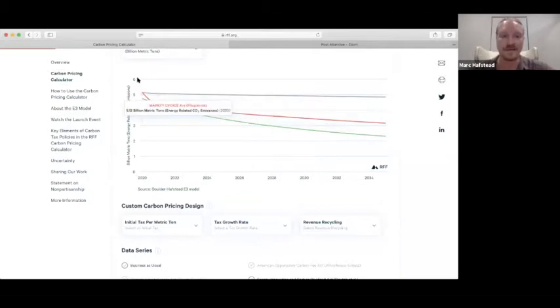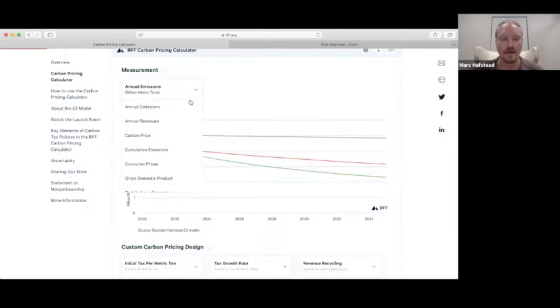So that's the 6 number up here. And so 3 billion metric tons is about a 50% reduction relative to 2005. And so what this model is projecting is that in 2028, energy-related CO2 emissions will be less than 50% of 2005 levels.